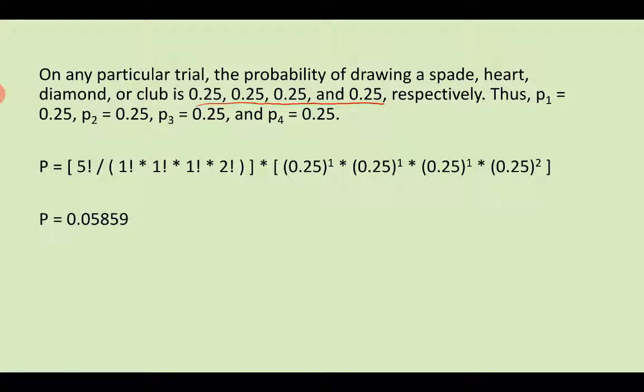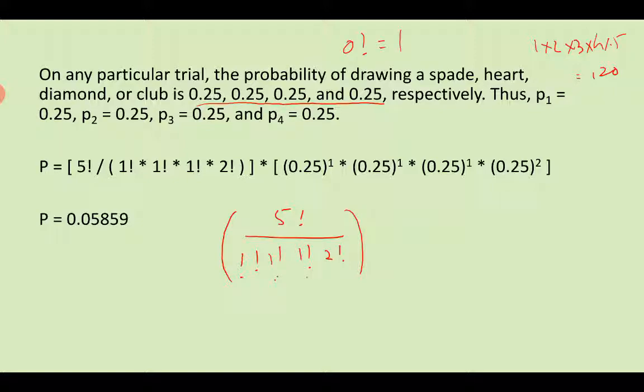Therefore, this is it. 5 factorial over: first occurs one time, second event one time, third event also one time, fourth event the clubs, 2 clubs, isn't it? So this is to be found by using factorial. What is 5 factorial? Multiply up to 5, 1 into 2 into 3 into 4 into 5, which is 120. 1 factorial is 1, 1 factorial is 1, 1 factorial is 1, and 0 factorial, if there is any, should be 1. 2 factorial is 2, 1 into 2, isn't it?